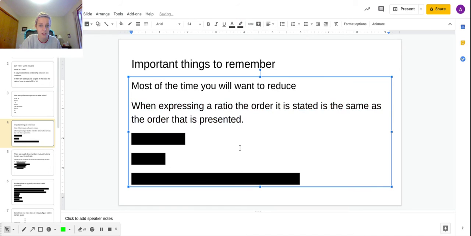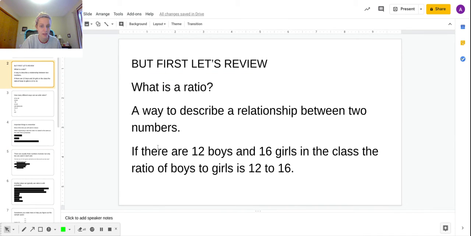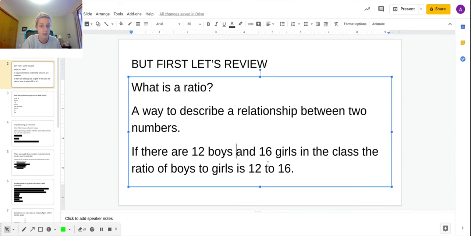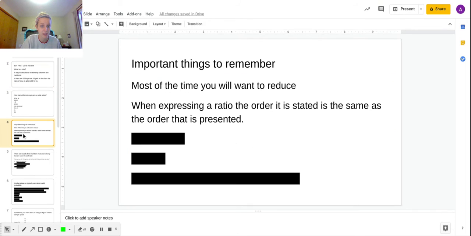When you are expressing a ratio, the order that it is stated is the same as the order that it's presented. So right here, it said if there are 12 boys and 16 girls in the class, the ratio of boys to girls is 12 to 16.